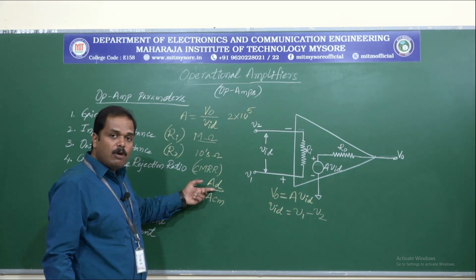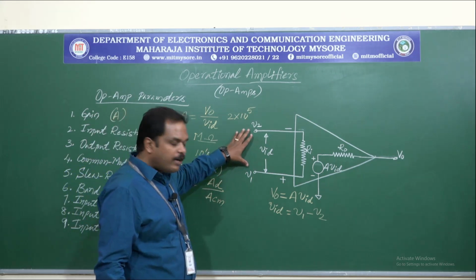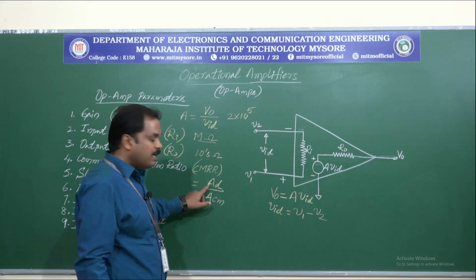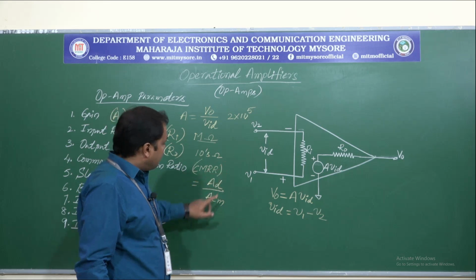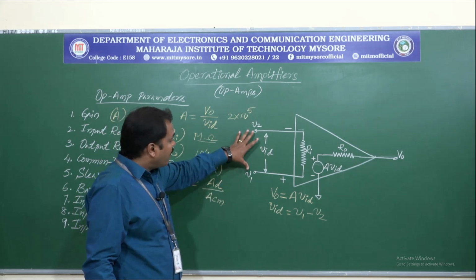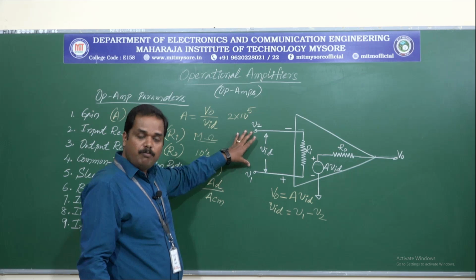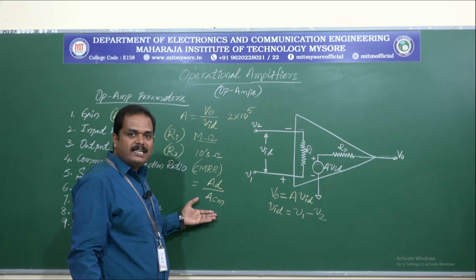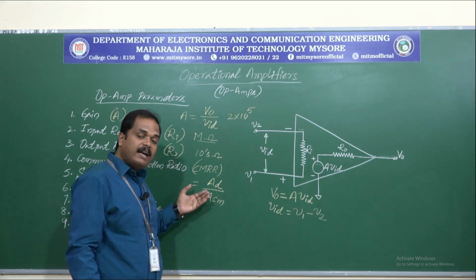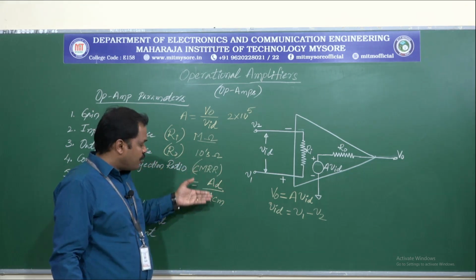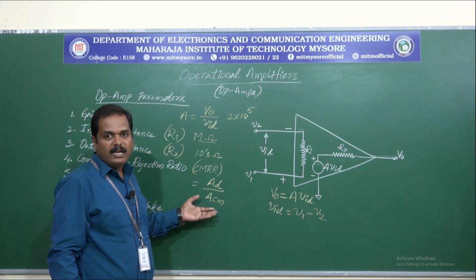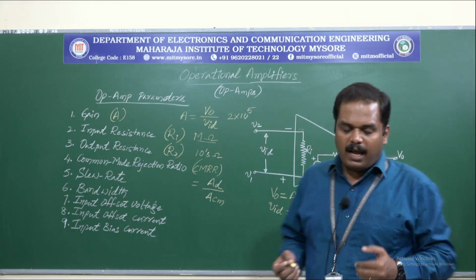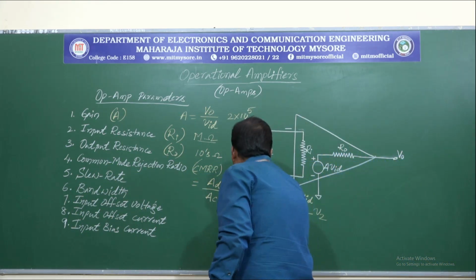Differential mode gain is the gain offered by the op-amp when we have two different inputs connected, whereas ACM is the gain offered by the op-amp when we have connected a common signal to the input terminals. So the CMRR is defined as the ratio of the differential gain to the common mode gain, and the typical value of the CMRR is 90 dB.